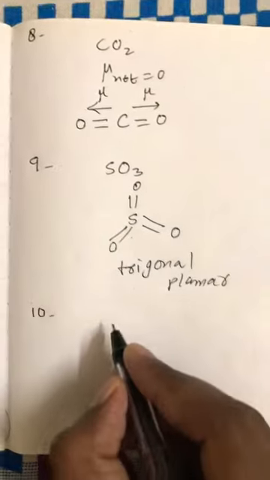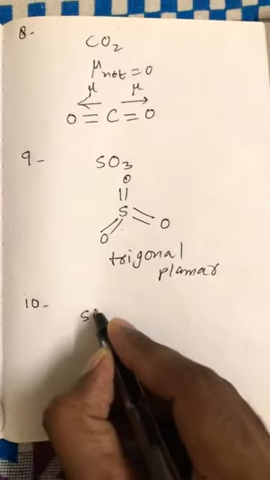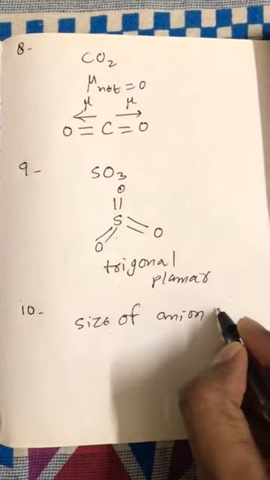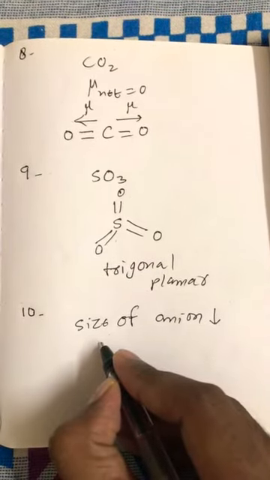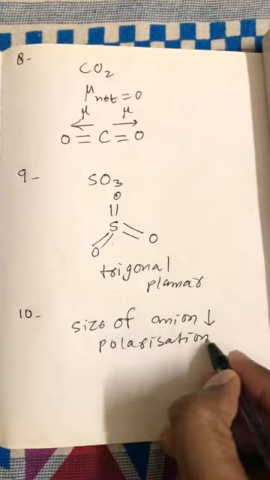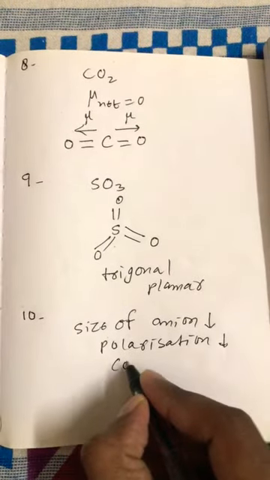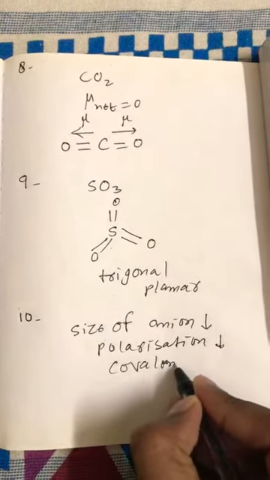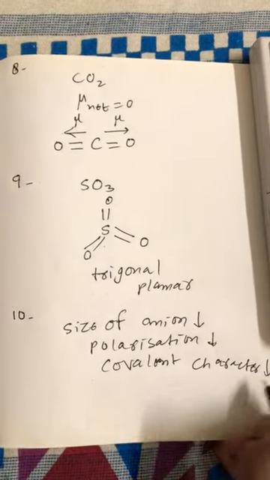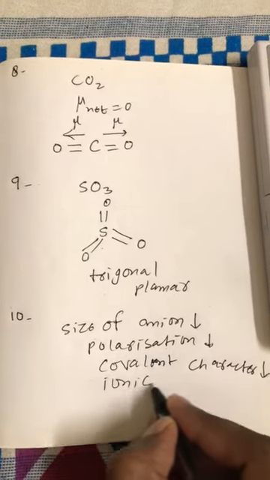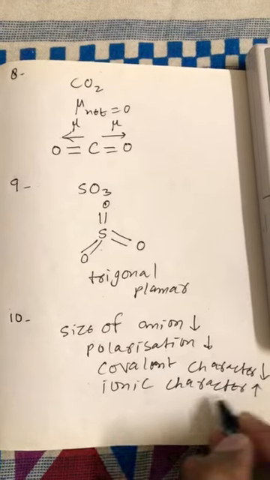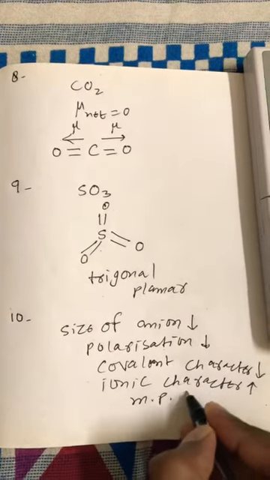As size of anion decreases, polarization decreases, that is covalent character decreases, or ionic character increases, or we can say melting point increases.